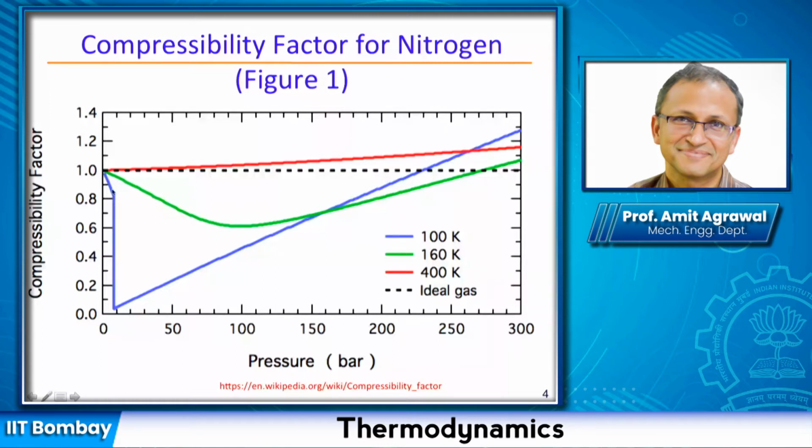So what do you think is going on for this blue curve? Why do we get all these values from 0.8 all the way to less than 0.1? Any guesses here?